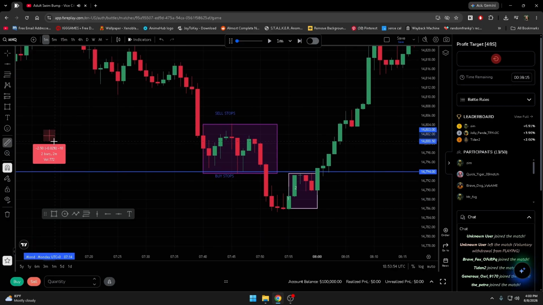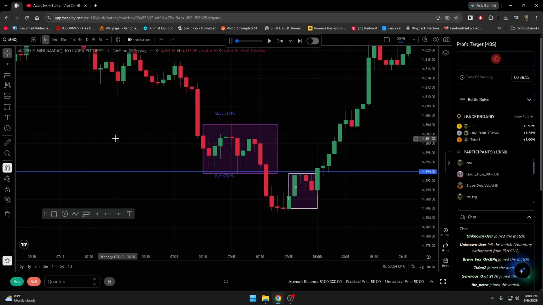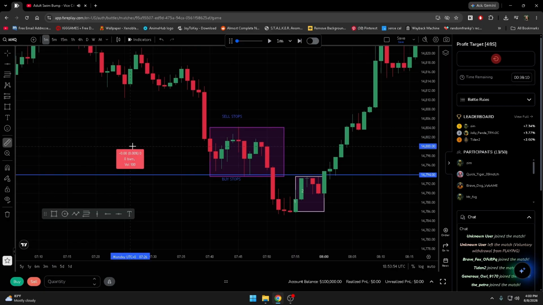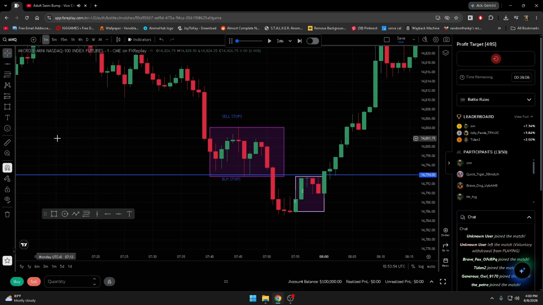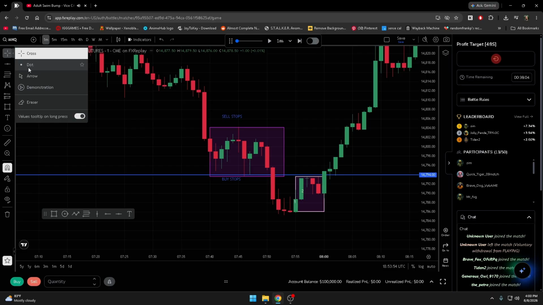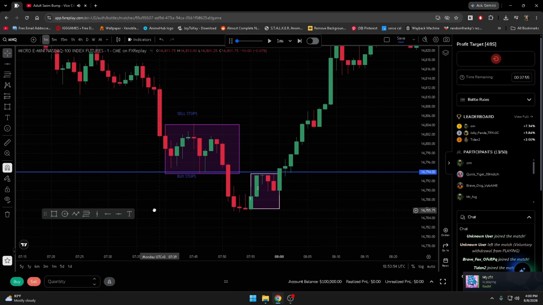Yeah, whatever. I'm not trying to measure anything. I can just press control for that. Not control, but control shift. Yeah, control shift for that button. Oh, that's messed up. Dang it, that's annoying.